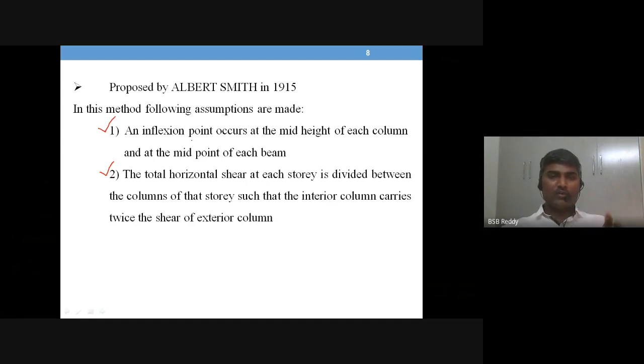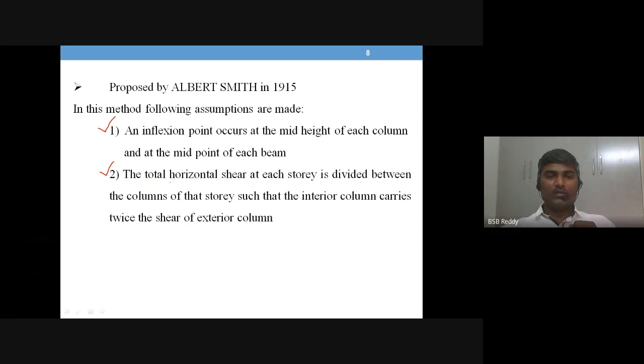Either it is the portal method or the cantilever method, the first assumption is the same: the inflection point occurs at the middle of each member in the structure. The second assumption is different in the portal method and in the cantilever method. So what is the second assumption in the portal method?